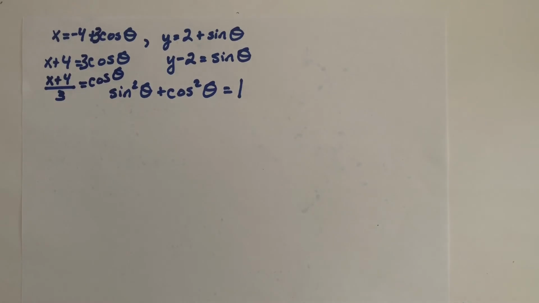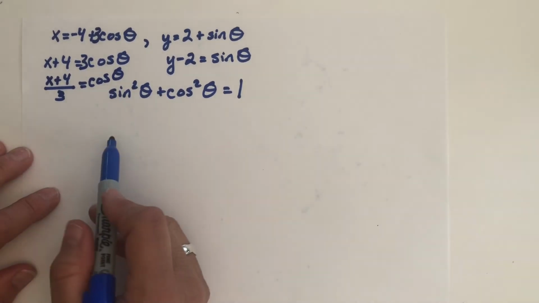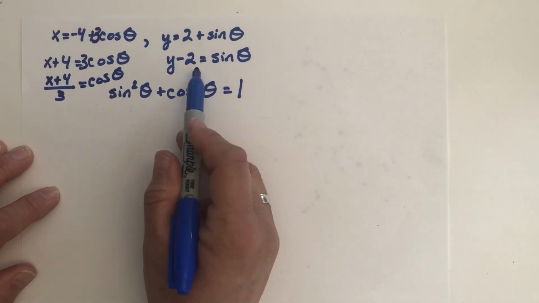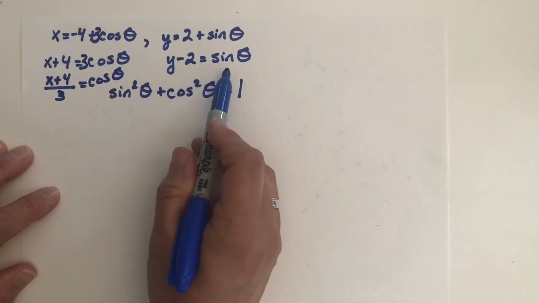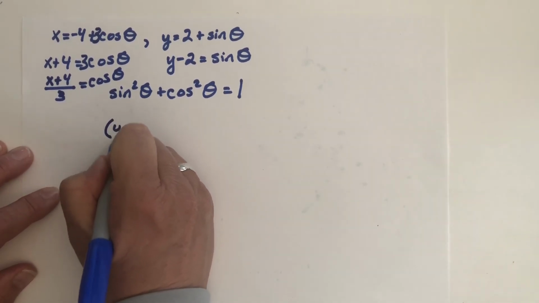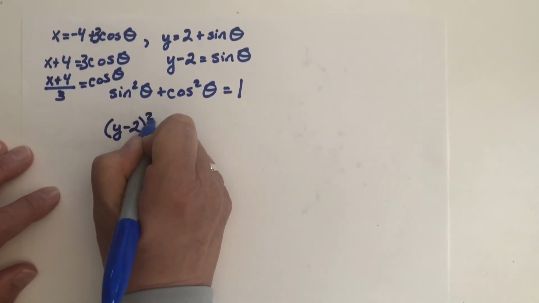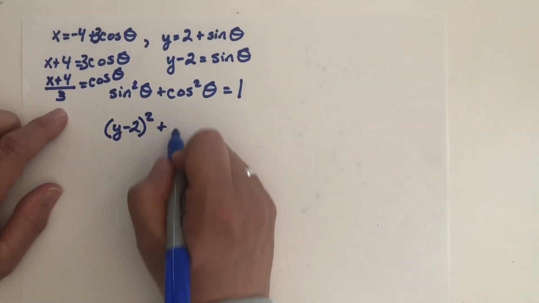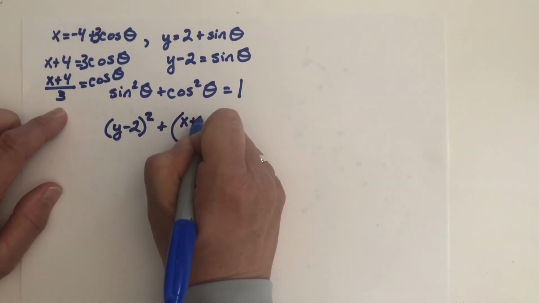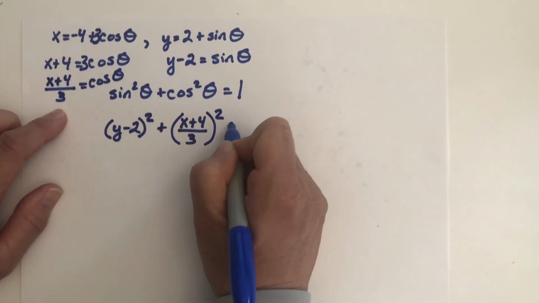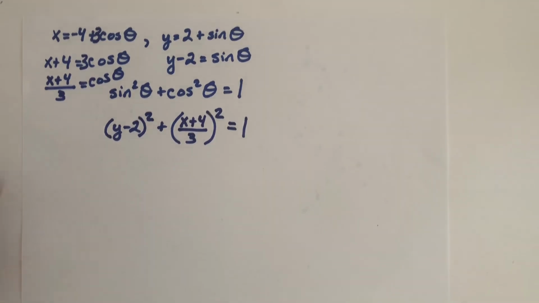Not too bad though. So when we substitute in our values, we have y minus 2 squared plus cosine squared. We have x plus 4 over 3 squared equals 1.